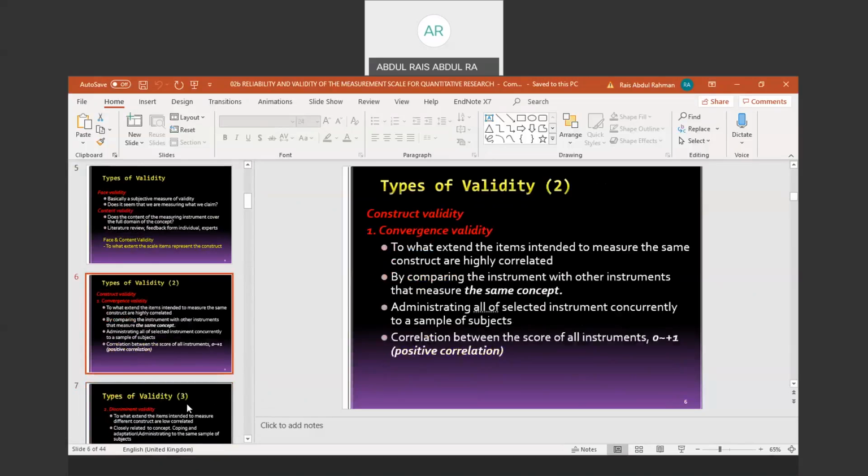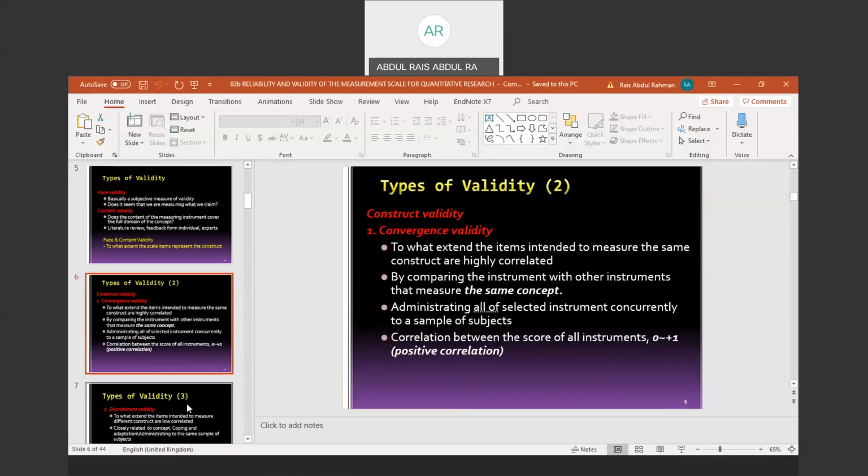Other types of validity also include construct validity and convergent validity. Convergent validity is basically to what extent the items that validate the constructs are highly accurate, by comparing the instrument with other instruments that measure the same concept.